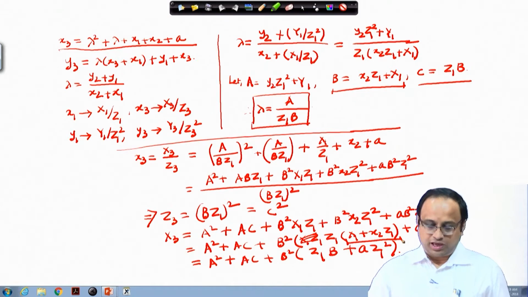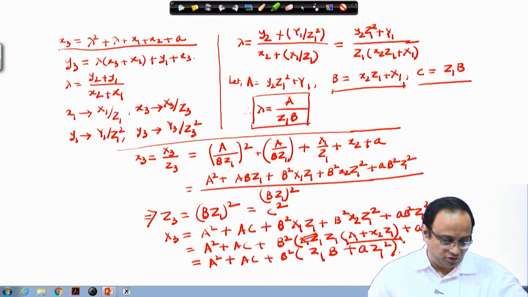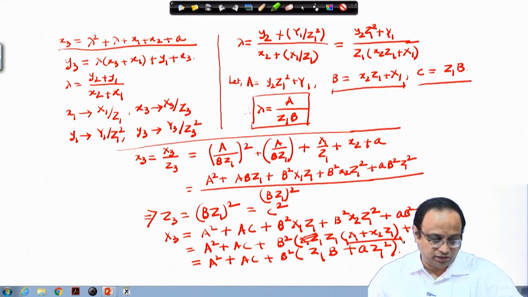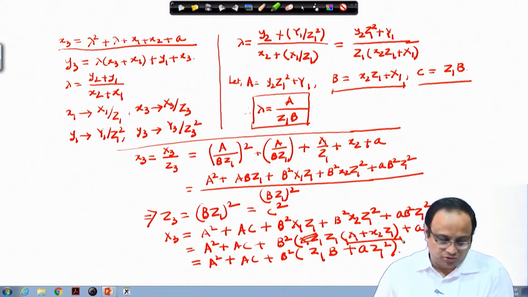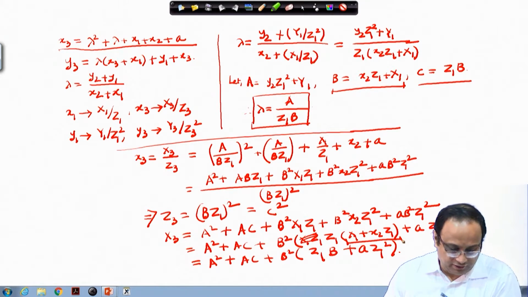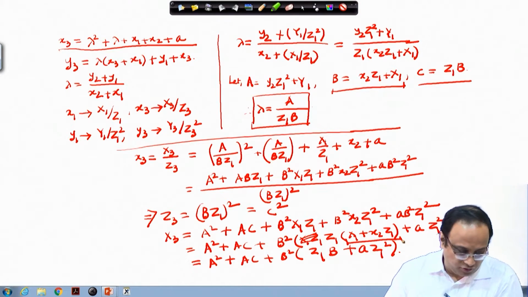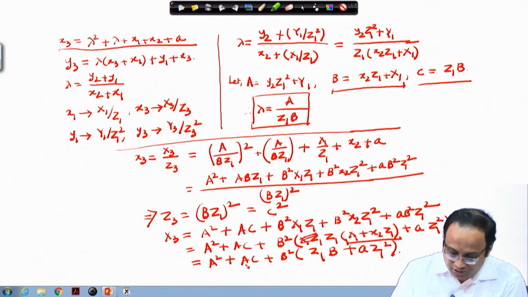Likewise, you can derive the equation for y3. I will try to derive it. One thing you can observe is that I can also make a few more substitutions.